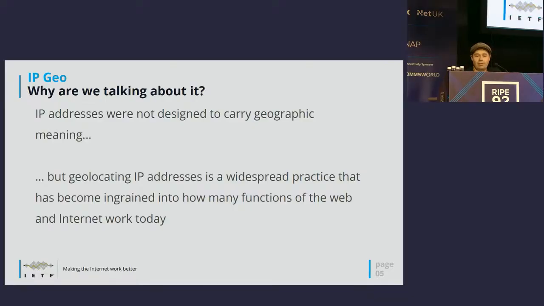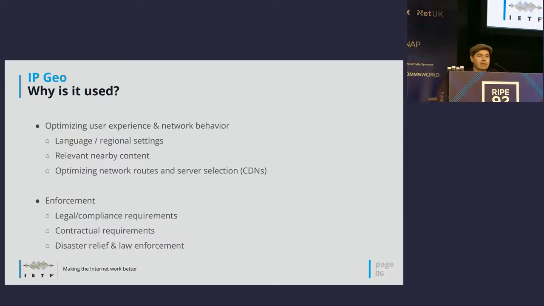It has then also been bent and used for other things. Like, for example, on this side of a bridge, you're allowed to do online gambling. But on this other side of the bridge, you're in a different country and you're not. So what IP geolocation is being used for isn't really the original use case, and it's probably not well suited to the new use cases. This is basically the same thing, right?